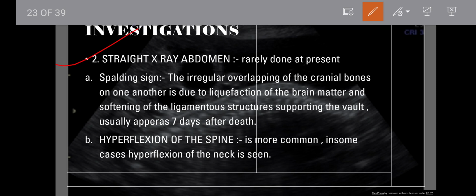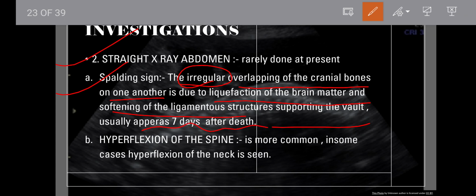X-rays we generally don't do nowadays, but there are some signs which we see in the X-rays. The first one is the Spalding sign, in which there is irregular overlapping of the cranial bones on one another. It is due to the liquefaction of the brain matter and softening of the ligamentous structures supporting the vault, which usually appears 7 days after death.